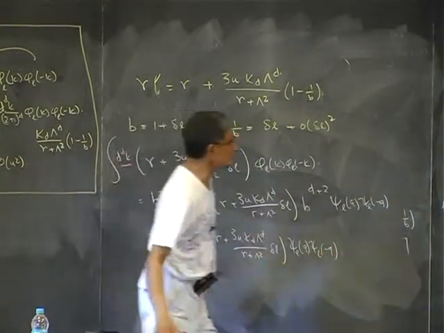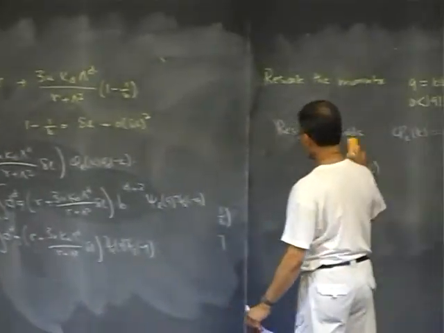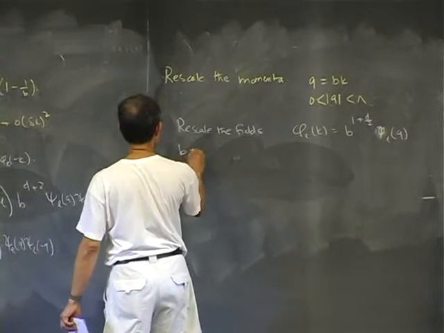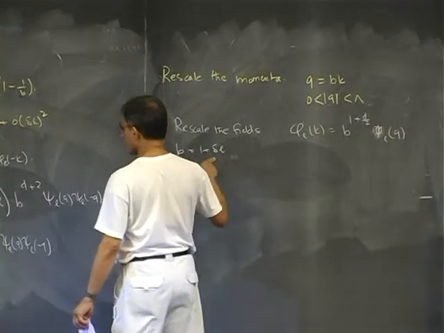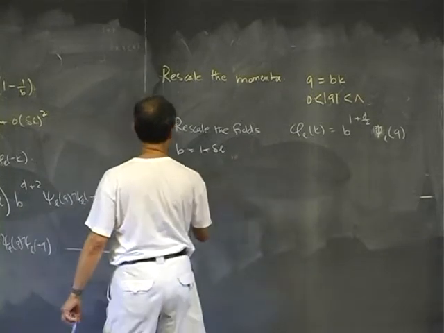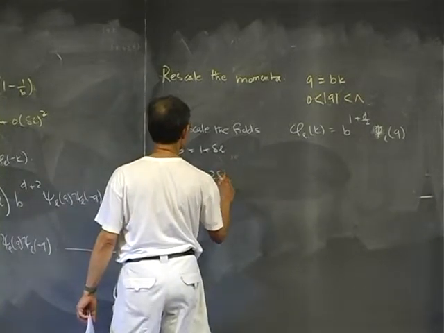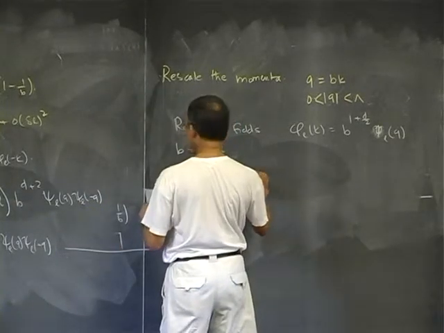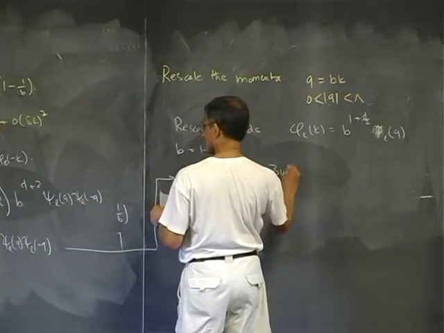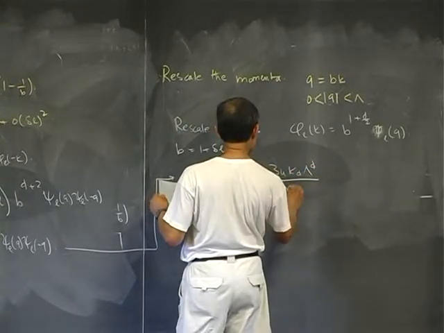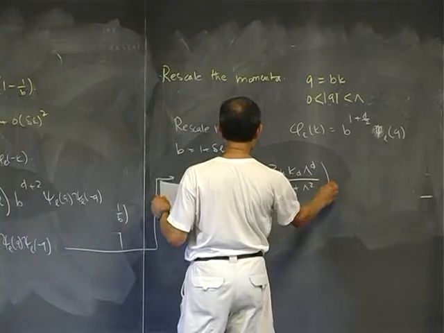minus q. So I'll just, and recall b was 1 plus delta L and I'm expanding in delta L. So this thing gives 1 plus 2 delta L and that object gives you R plus 3u R plus lambda square.